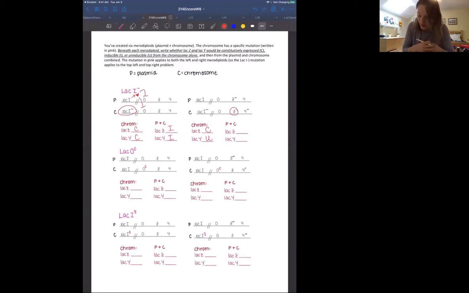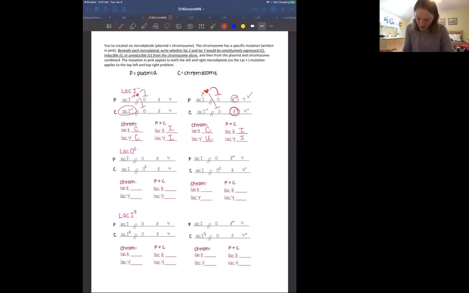So then when we have a plasmid inserted that has a Z deletion, the Z is going to be inducible because this wild type LAC-I will be produced, and it can go and repress the operator. So this Z is going to be inducible, and then it can repress this operator over here that does have a wild type Y copy. So the Y will be inducible as well, coming from the plasmid.